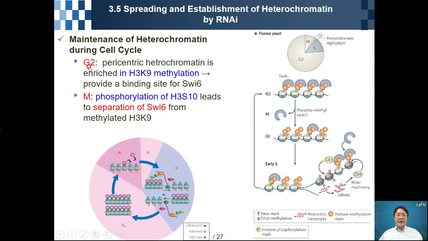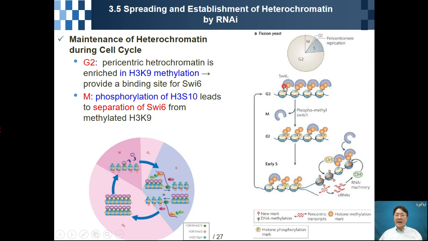During G2 phase, each pericentric heterochromatin is enriched in H3K9 methylation. So this is a histone methylation mark.